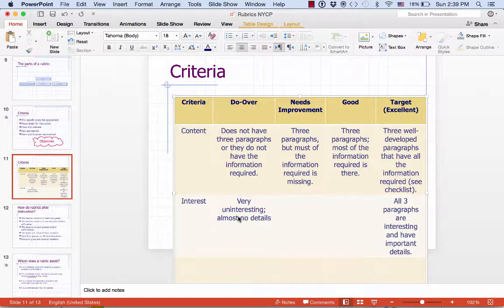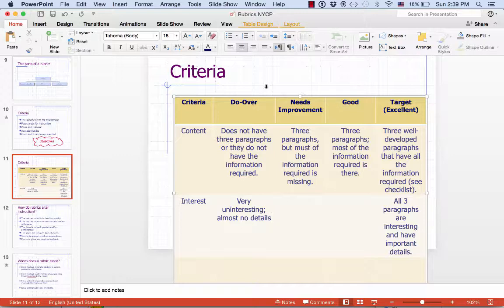So getting the students to tell you what should go here, then they go to write their paper and they know exactly what it's supposed to look like. And then they can finish if it was a target excellent, or if they're going to need to do it over. This is a great opportunity for peer evaluation because they can exchange papers and get feedback from a friend, and a friend can say, wait, this paragraph doesn't have very many details.